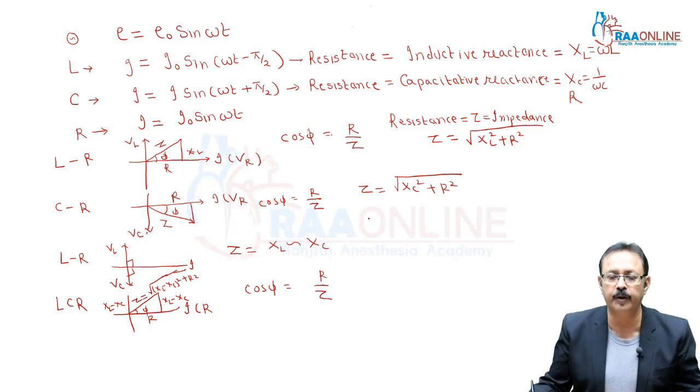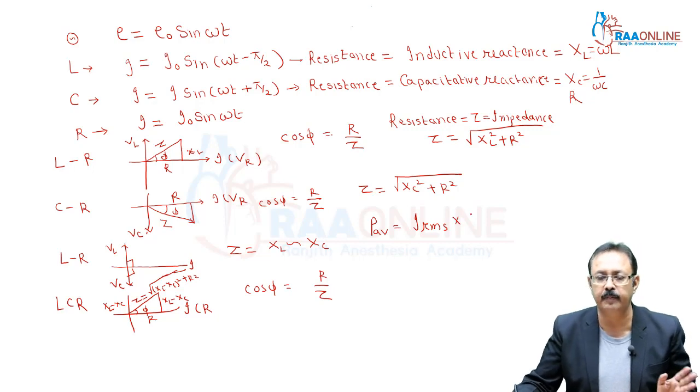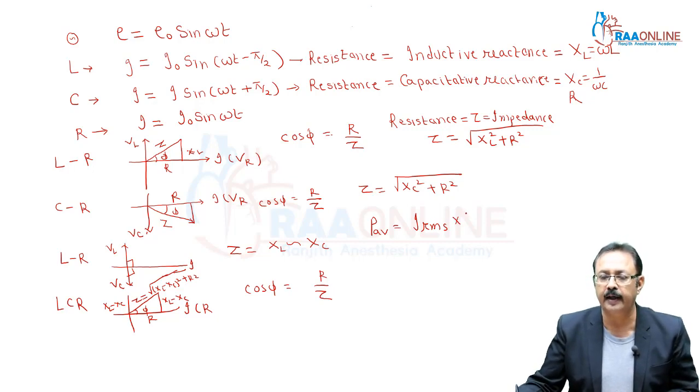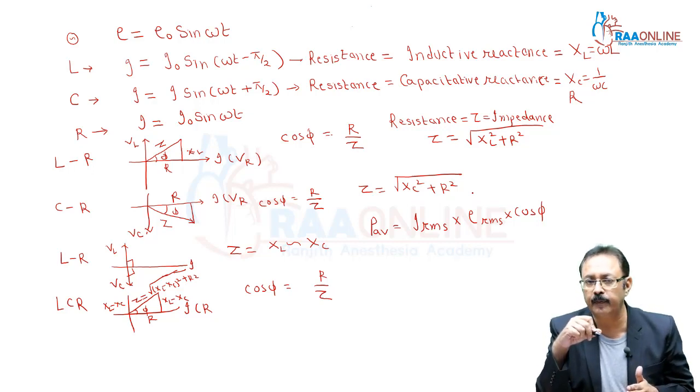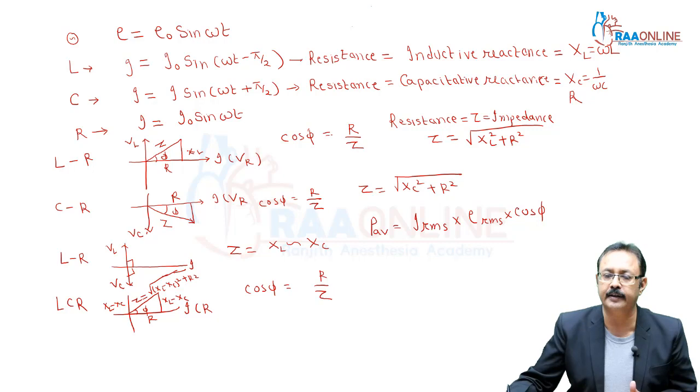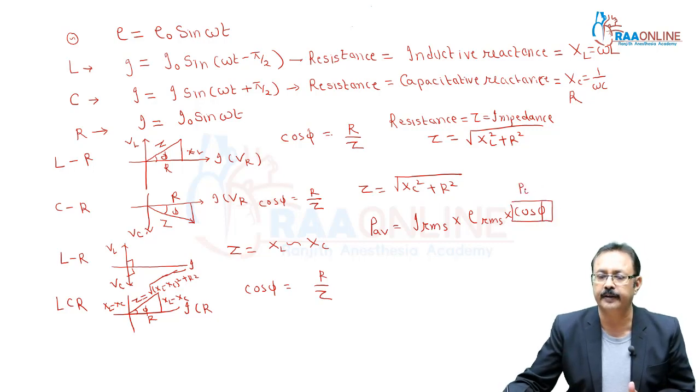Now, if we are going to calculate average power, its formula is IRMS, ERMS into cos phi. Derivation we have completed in theory slides. Means what power you are using in your circuit depends upon cos phi. That's why this term is known as power factor.